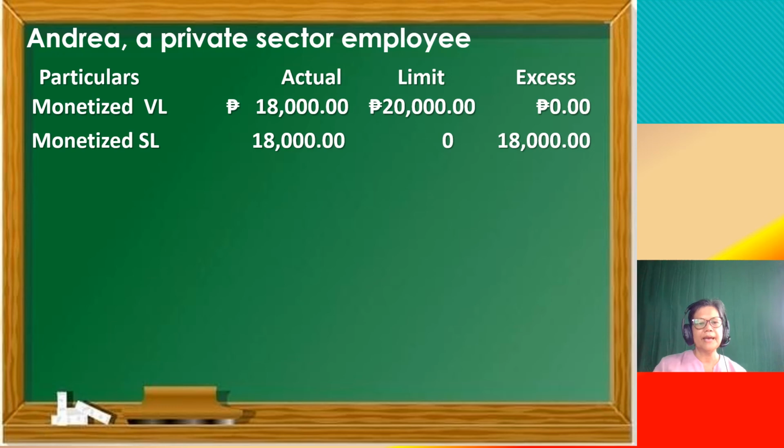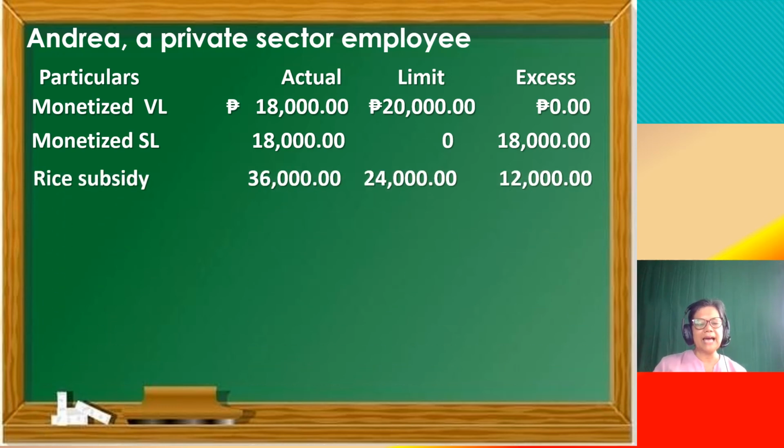Okay? Next is rice subsidy. The amount received by Andrea is 36,000. Then the limit is 24,000. That is 2,000 per month times 12 months. Therefore, 36,000 less 24,000 is 12,000.